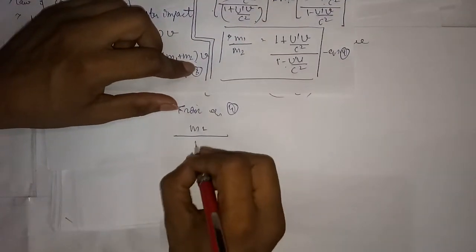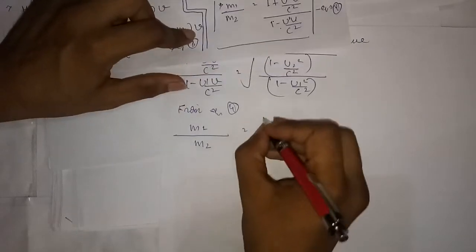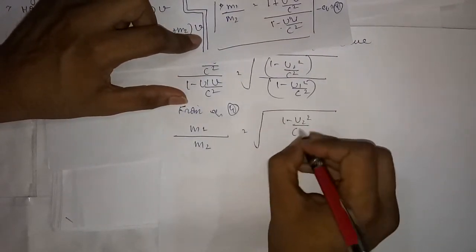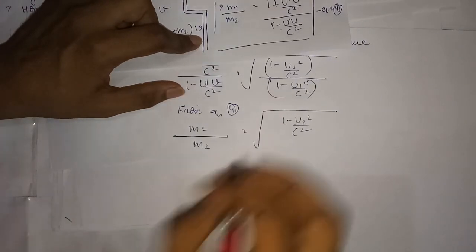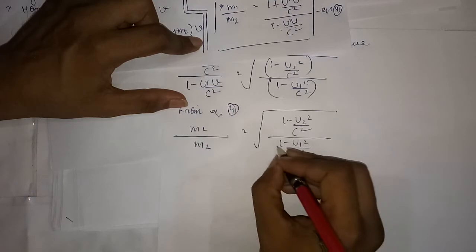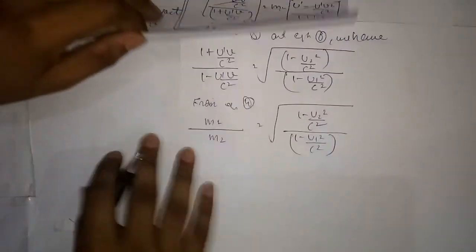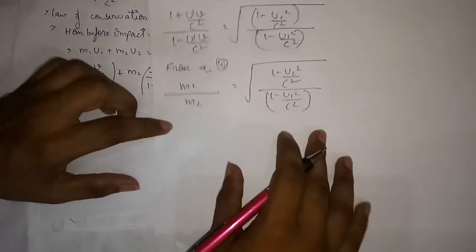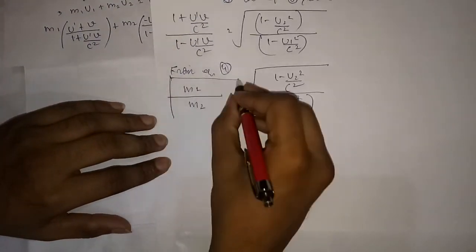So m1 upon m2 equal to under root 1 minus u2 square upon c square divided by 1 minus u1 square upon c square. Okay, so this is the relation, gentlemen.